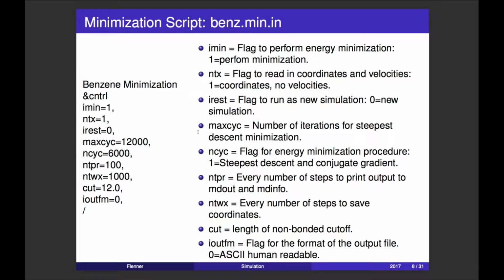But steepest descent, all it does is it finds the steepest direction downward. And then it just follows that. And then I think it finishes with a conjugate gradient. So we have the max number of iterations. So if it doesn't find an energy minimum after the max number of iterations, it'll stop.